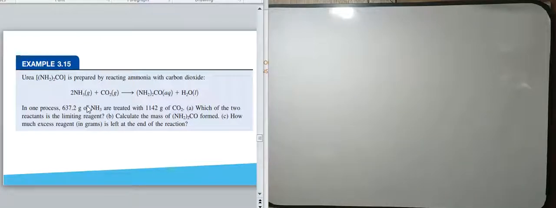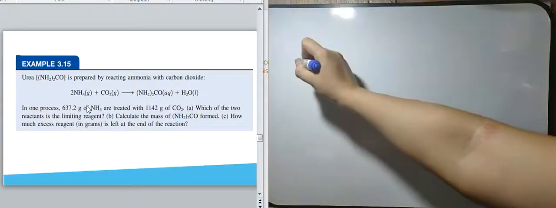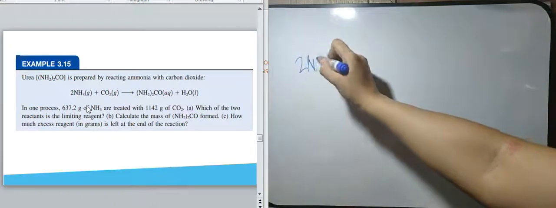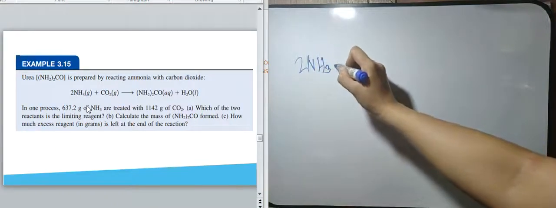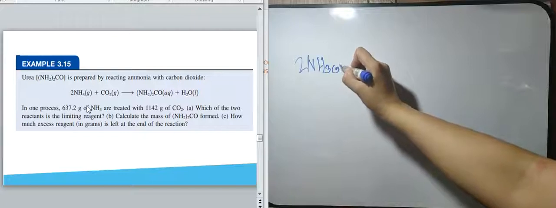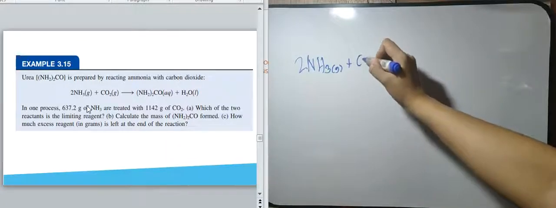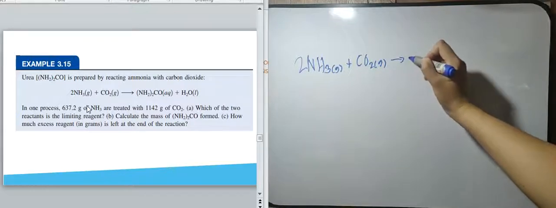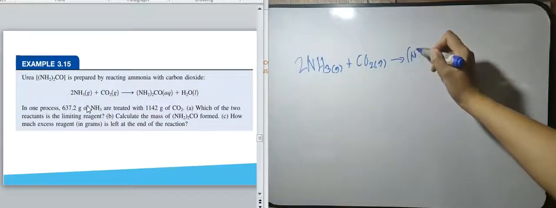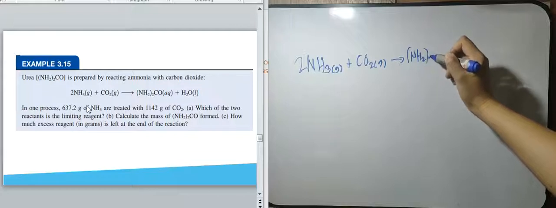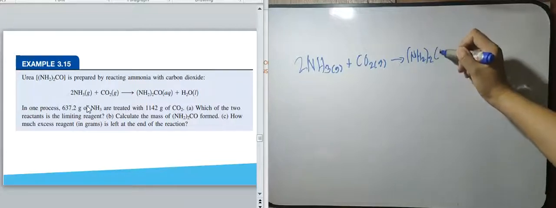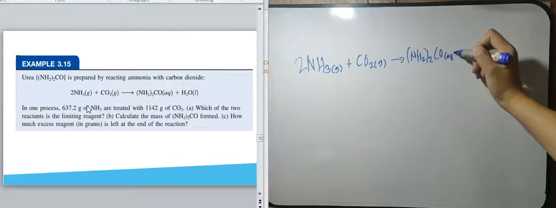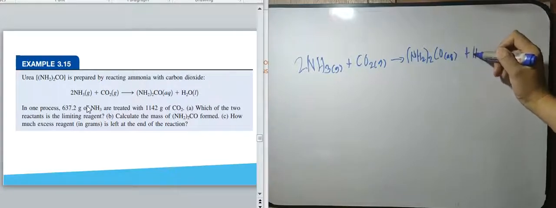Urea is prepared by reacting ammonia with carbon dioxide: 2NH3 plus CO2 gives H2NCONH2 urea, aqueous, plus water.